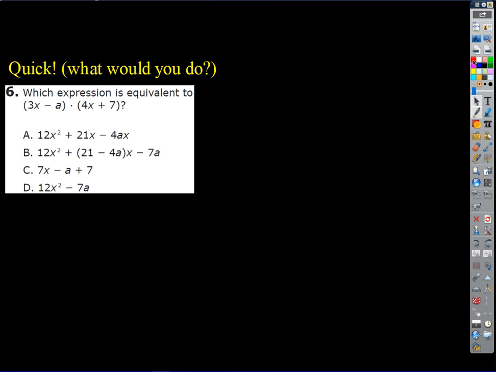Down here we could do the same thing. We could either do it the long way, or we could just let a equal 2, x equal 3, just randomly. There's nothing special about those numbers. But if I do that, I'll get a number and see which number matches it up, right? What would happen if 2 of them gave me the same number down here? Then I would just pick different numbers and see which one still works. Right? Okay?